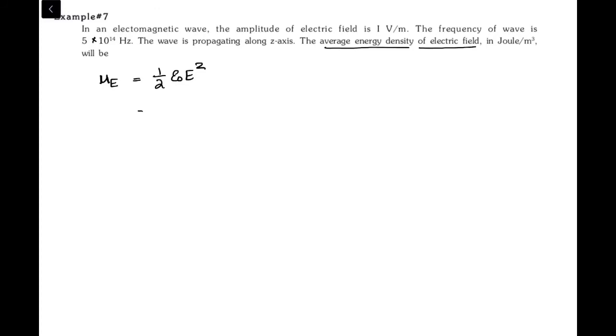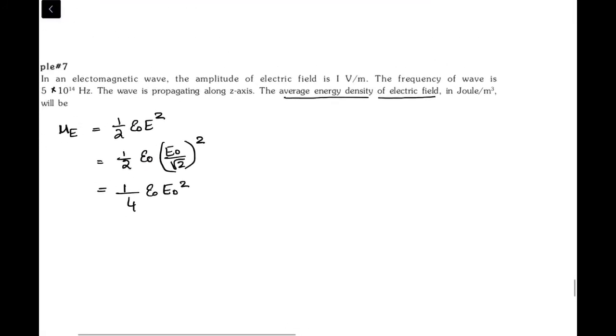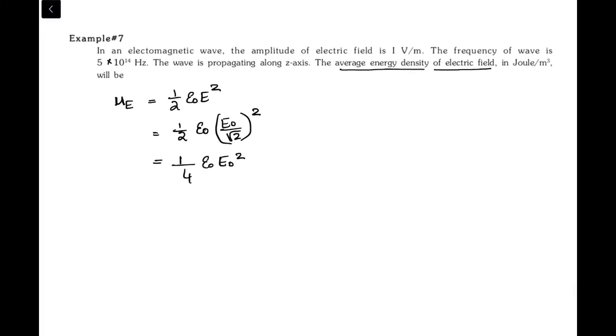Directly we cannot go and substitute the electric field as 1 volt per meter. That is what we have to be careful about, because in half epsilon 0 E square you have to rewrite E as E0 by root 2, squared. That gives you 1 by 4 epsilon 0 E0 square. Now you can substitute the electric field value which is given. Do not substitute it directly into the electric field in the original formula.